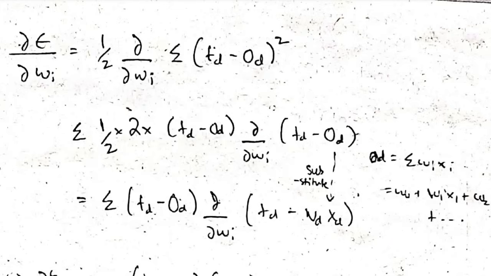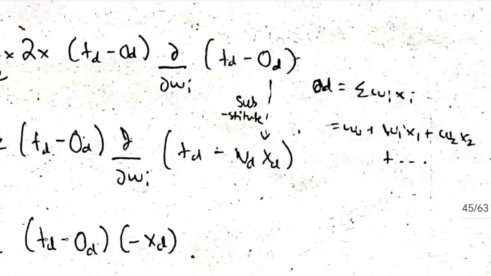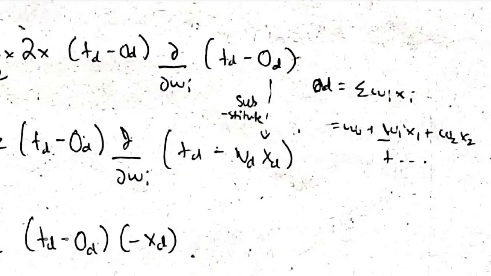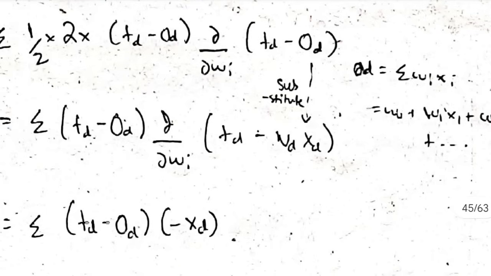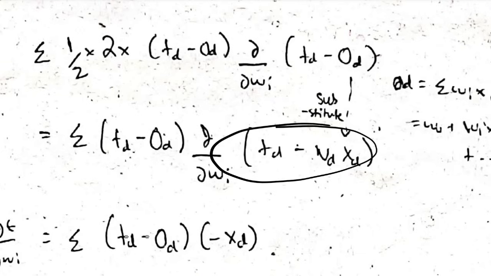When we differentiate this one, we do a substitution. What is od? If you remember, it is the summation of wi xi, that is w0 plus w1 x1 plus w2 x2 till wn xn. So instead of od we write wd xd, for all the d values. Again we differentiate this with respect to w.